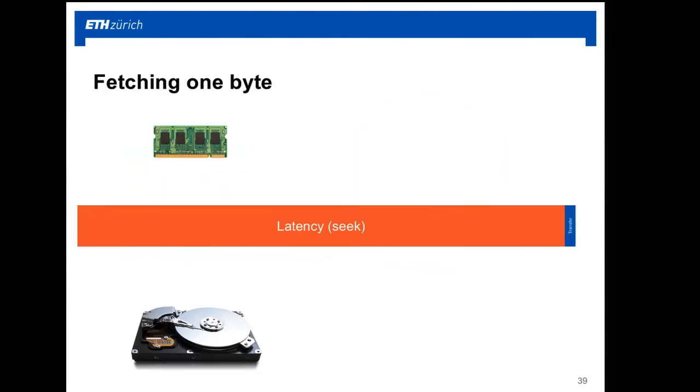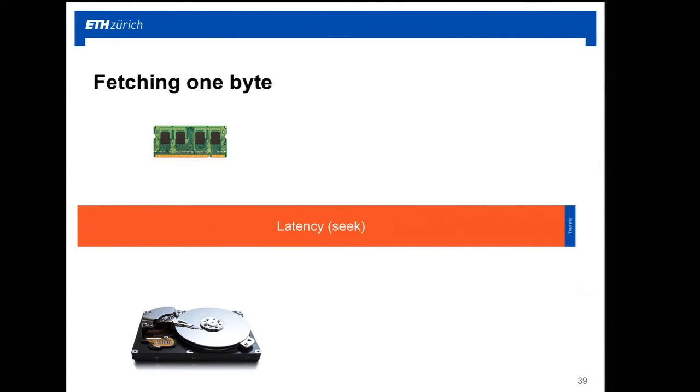And the problem is that if you try to fetch just 1 byte of data on the disk, or let's say one single posting, one single term, you are going to wait a lot for the seek when nothing happens, and then you transfer that 1 byte that you were actually attempting to read. This is ridiculous. You're basically waiting, and then you barely use the transfer here.